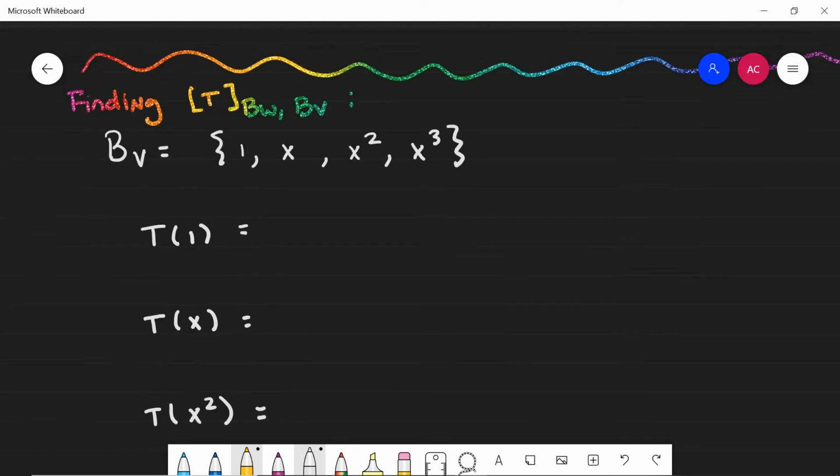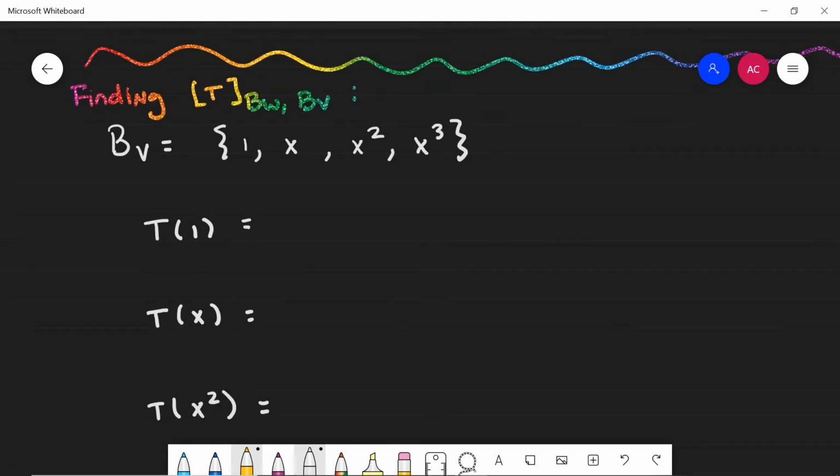Now in working this out, let me look at the function I have written down here. T applied to 1 is 1 plus x squared. Now let's see what happens if I apply T to x.